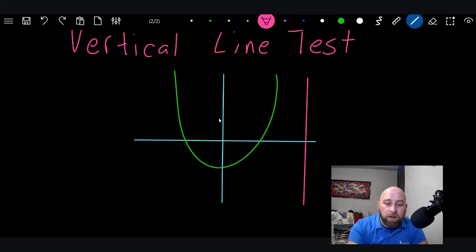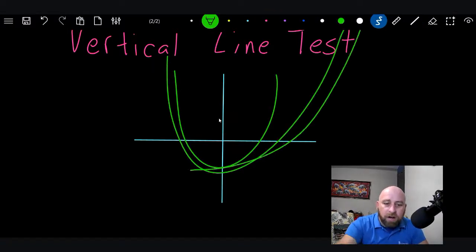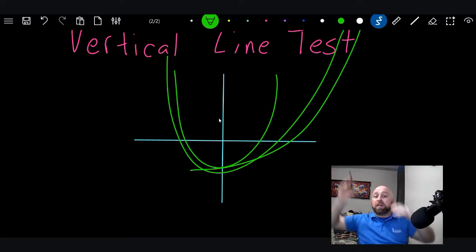And you might say, well, but if I put one here, it doesn't touch at all. Well, it actually does, believe it or not, because if you know anything about parabolas, you know that this line right here that I drew, excuse me, it keeps doing that. There we go. It just keeps going and going and going up and up and up into infinity.